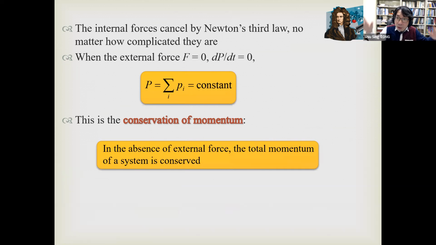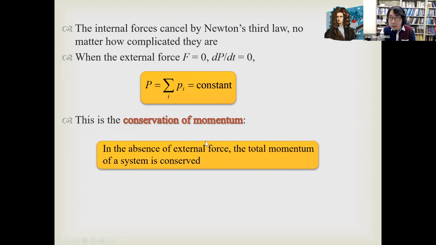But as long as there is no external force, those internal changes will not change the total momentum. If one particle loses some momentum and transfers it to the other, the total momentum still remains constant. So the summation of Pi is equal to a constant in a system without external force. In the absence of external force, the total momentum of the system is conserved. And that is a statement of conservation of momentum.